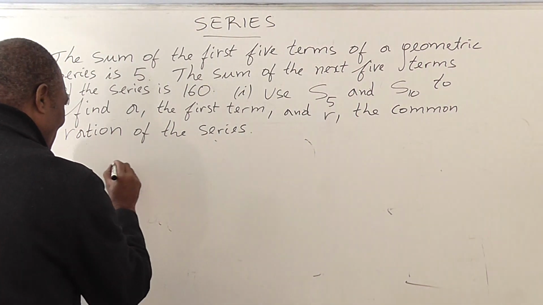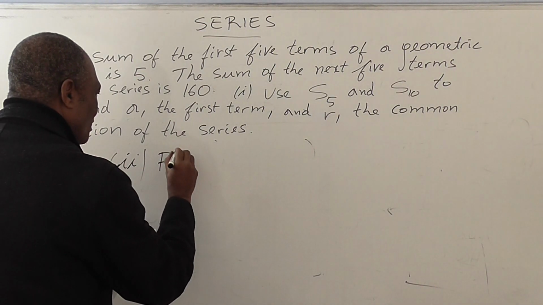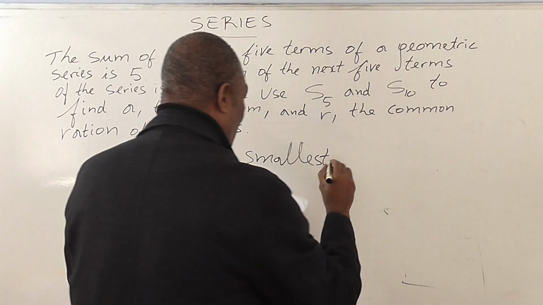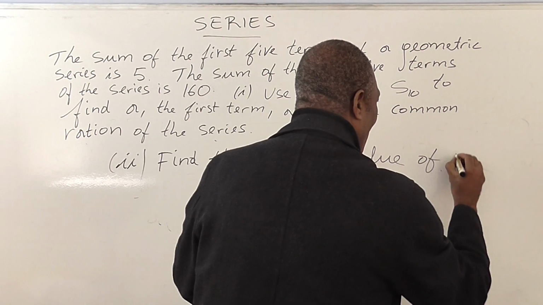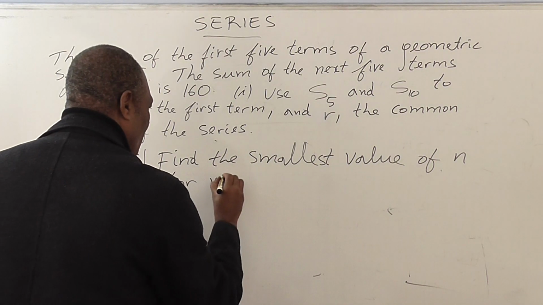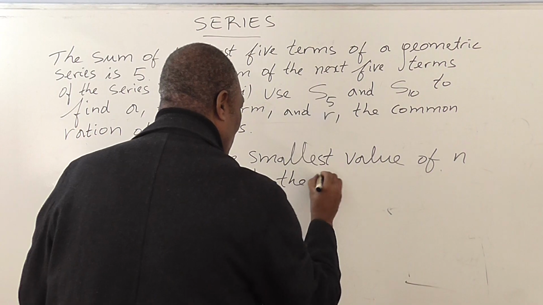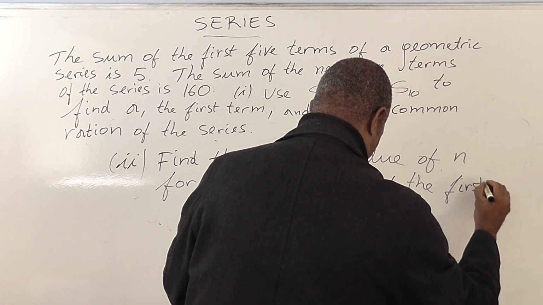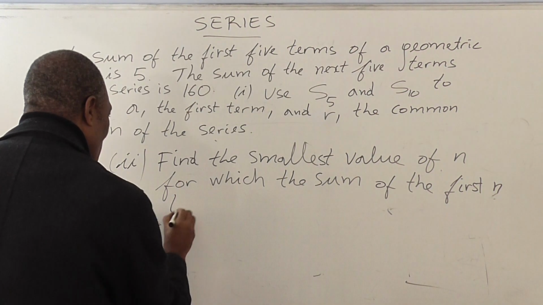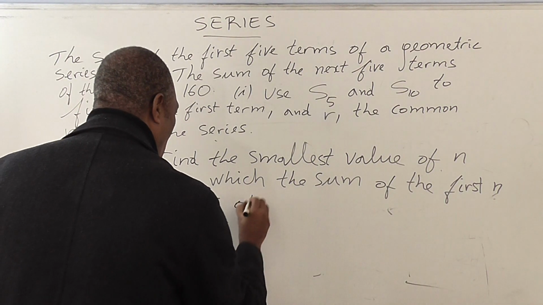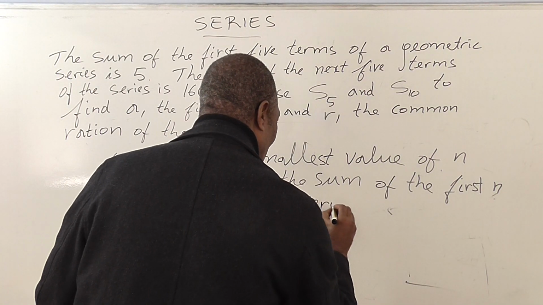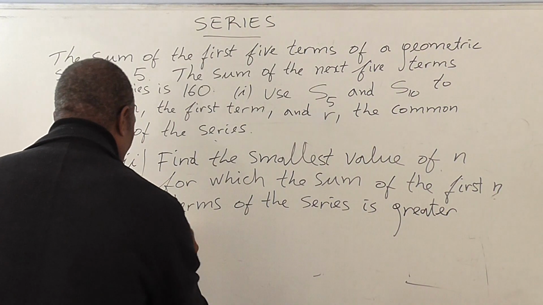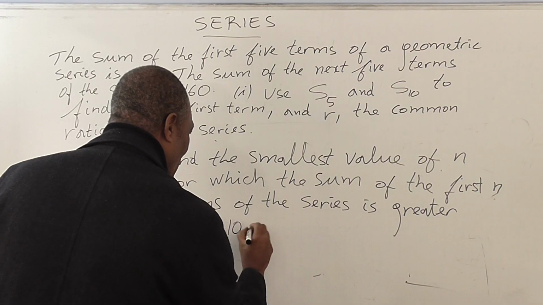Now I'm going to put the second part of the question here by writing: find the smallest value of n for which the sum of the first n terms of the series is greater than 10,000.